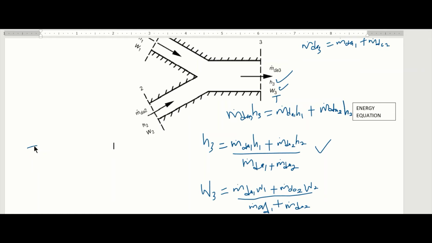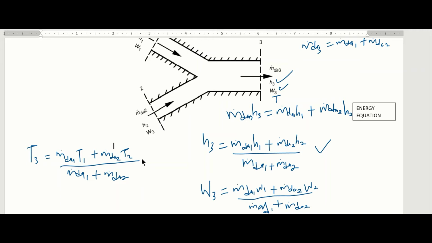So for our dry bulb temperature, let me call it T. T3 is equal to the mass flow rate at point 1 times the dry bulb temperature at point 1 plus the mass flow rate at point 2 times the dry bulb temperature at point 2, over the mass flow rate at point 1 plus the mass flow rate at point 2.